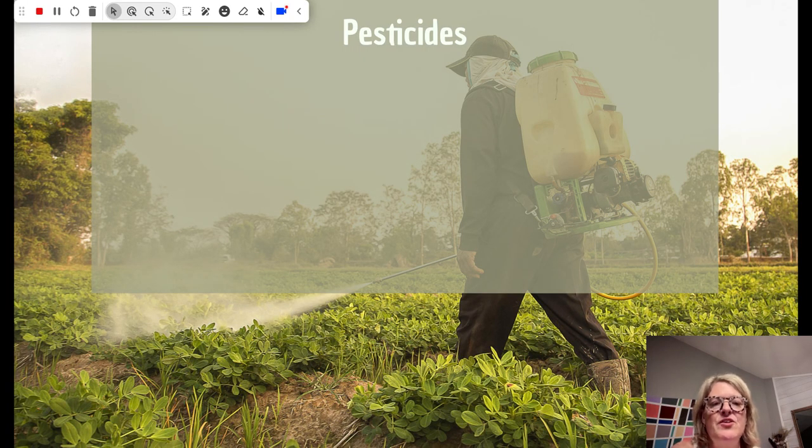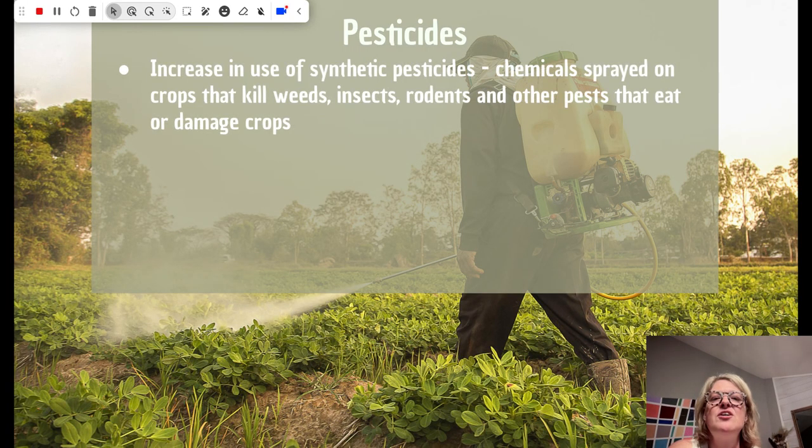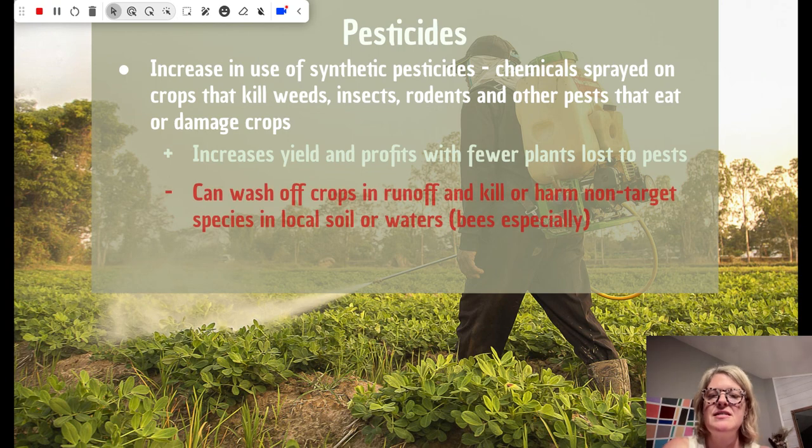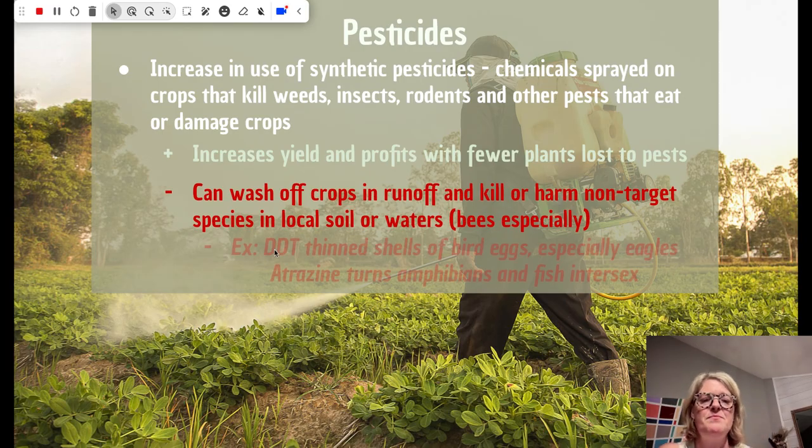Pesticides are another piece of the green revolution. This increases the use of synthetic chemicals that we spray on crops to kill weeds or insects or rodents or other pests. Again, this increases the yield and the profits because we have fewer plants lost to pests. But one major issue is that these chemicals can be washed off and run off into our water supplies, and they can have detrimental effects on not just us, but other organisms within the ecosystems.